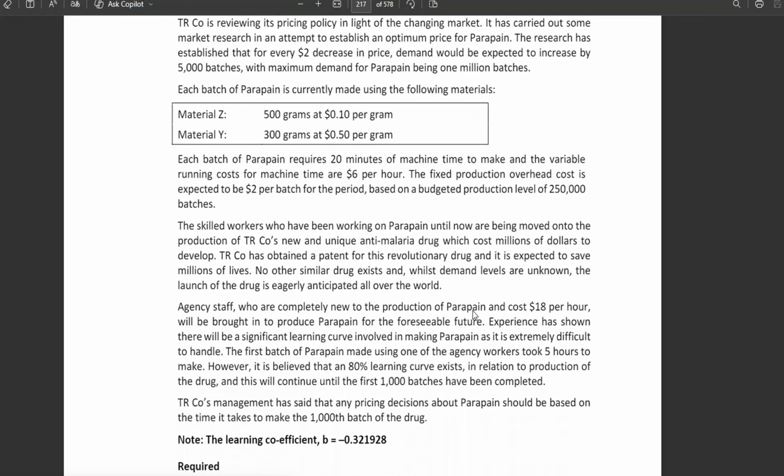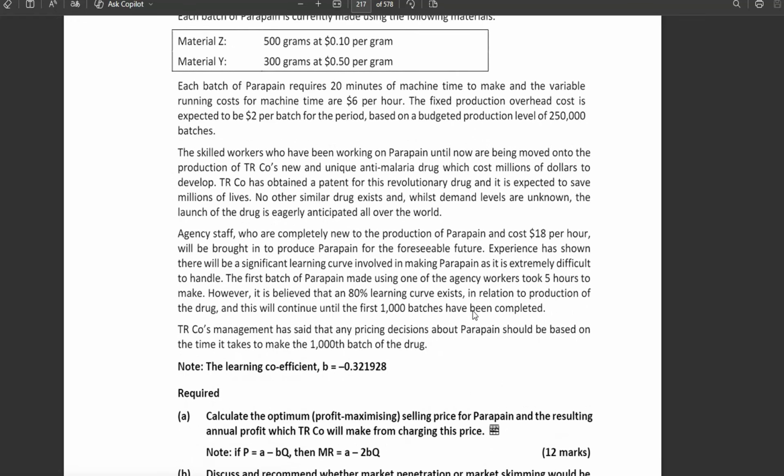The skilled workers who have been working on paraffin until now are being moved on to the production of TR company's new and unique anti-malaria drug, which cost millions of dollars to develop. So basically, the skilled workers who were working on paraffin have now been shifted to the other product, that is the anti-malaria drug, which cost around $1 million to develop.